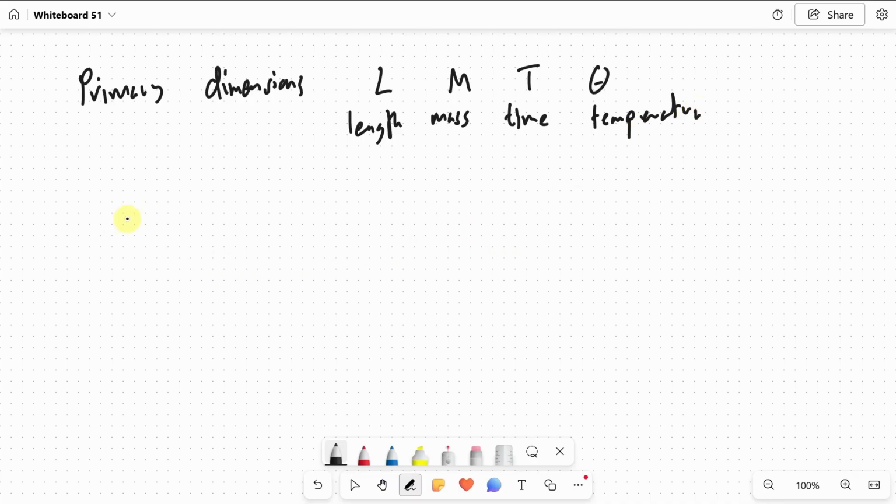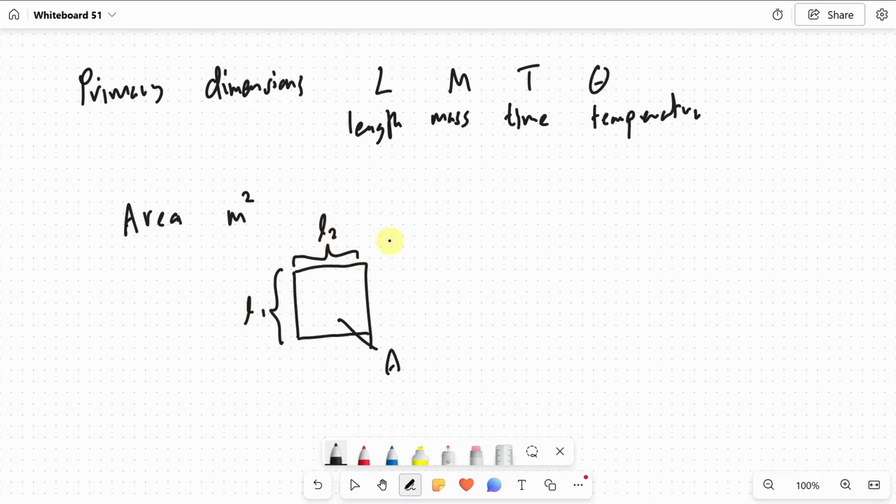So let's say we have area. For us, the most common unit for area is meter square. So meter square is created by length times length, right? If you have a square like this, the area A is this length times this length.